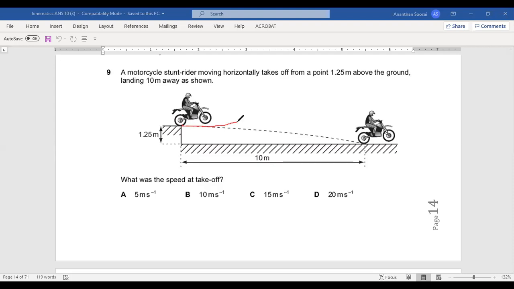They're asking for U. This is also something new. We never come across questions asking for U. Normally U is given, but this time they're asking for U. But we will have a clue. Check which side got three pieces of information, and I think you can proceed from there. Gather your information: vertical, horizontal.